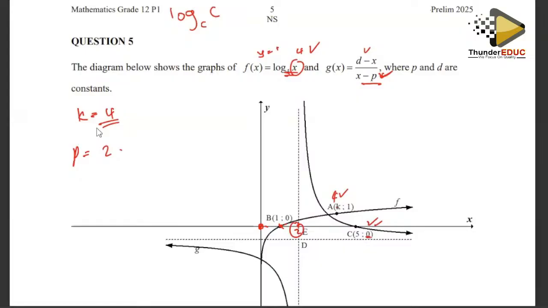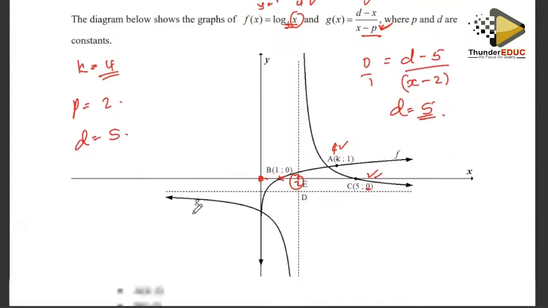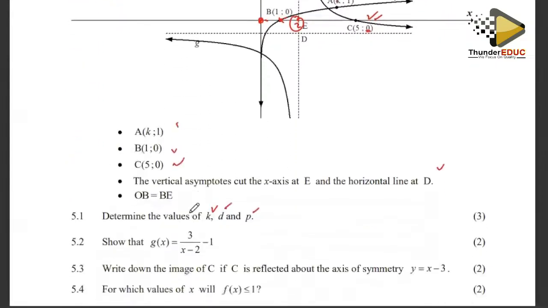Where there is y, I'll put 0 is equal to D minus 5 over x minus 2. So cross multiply, meaning that D is going to be 5. That is how we get those 3 values.